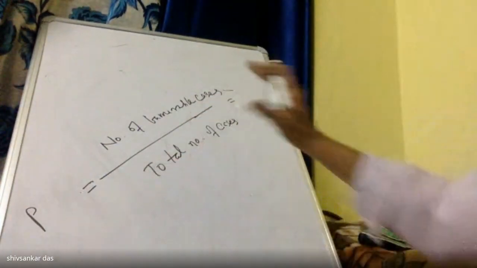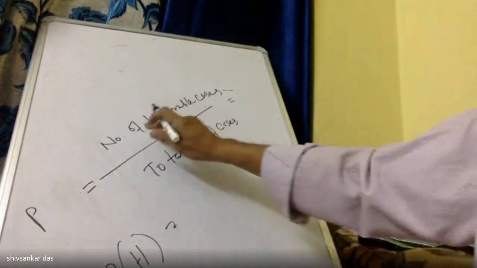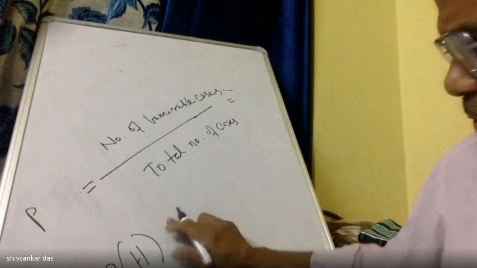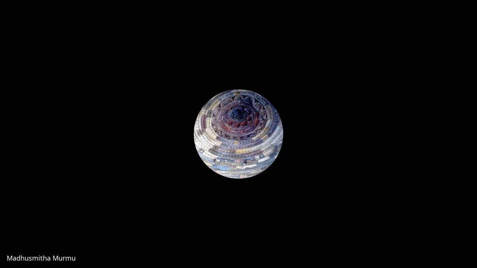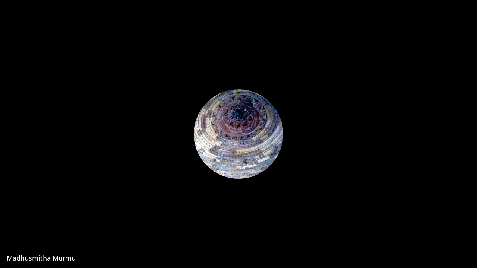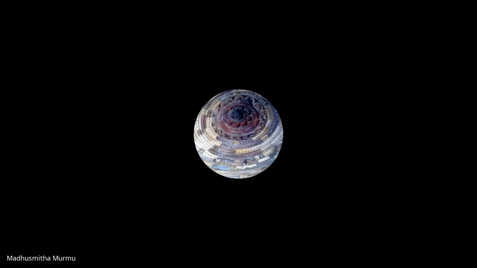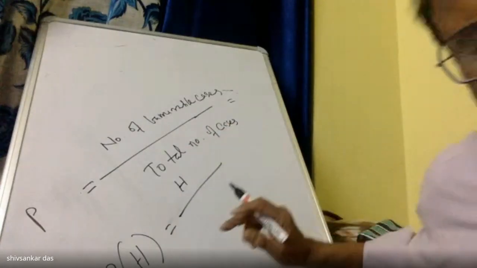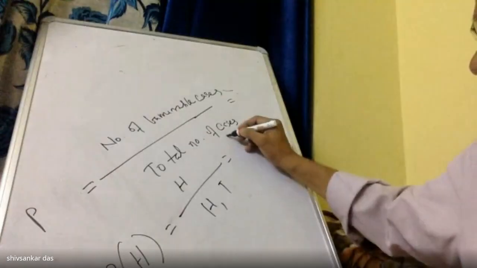So probability of head: how many favorable cases? In one toss, the number of favorable cases is 1, that is head. Total number of cases? Head or tail. So that is equal to 1 by 2.